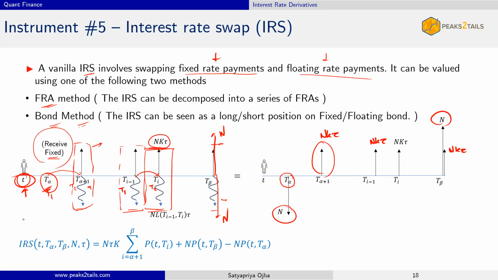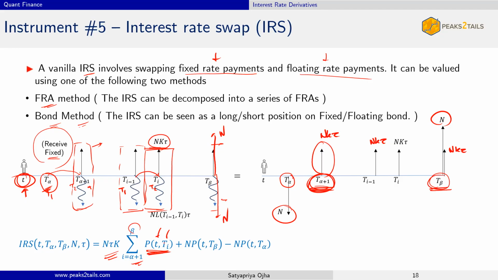And having done this transformation, there is nothing stopping you from valuing this. It's so easy. So look at this. Coupon payments N K tau, starting from i equal to alpha plus 1, this guy, all the way till this guy, beta, correct? Discounted by the respective zero coupon bonds. Valuation date is fixed at T. Only the maturities T_i change: the first one will be T alpha plus 1, second one will be T alpha plus 2, all the way till T beta, right?